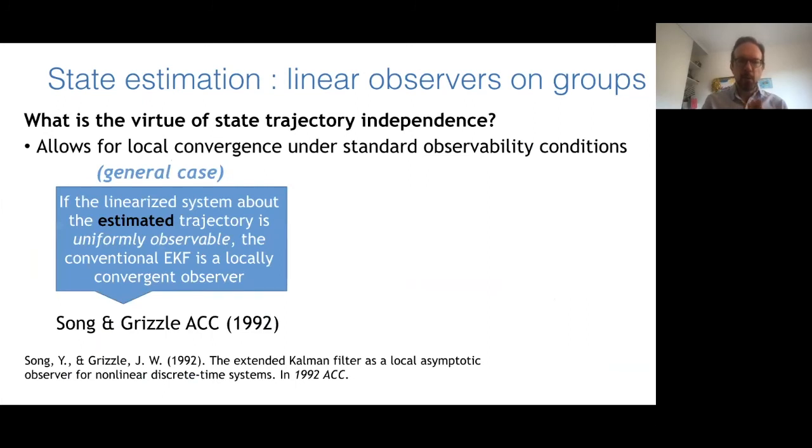So what's the virtue of this property? In a very beautiful and seminal paper, Song and Grizzle showed that the conventional extended Kalman filter possesses some convergence properties as an observer, so when noise is turned off. But there's a problem with the assumptions. You have to assume that the error is well behaved in order for the result to apply.